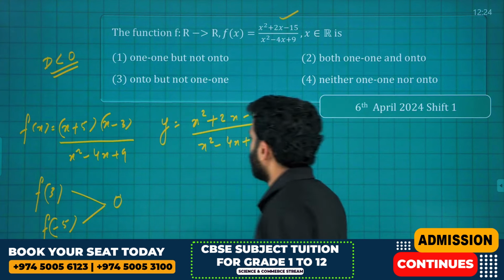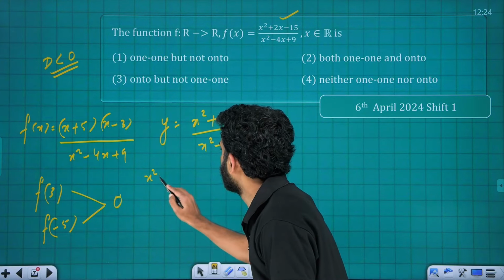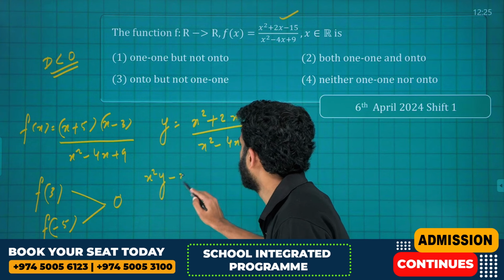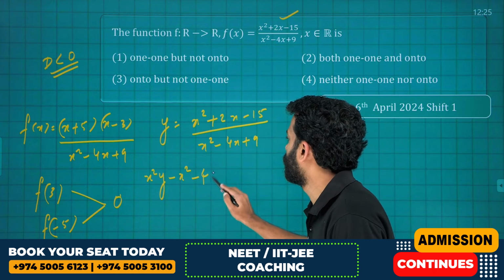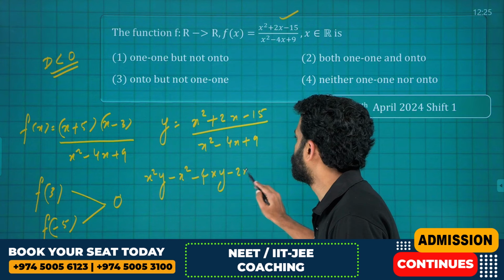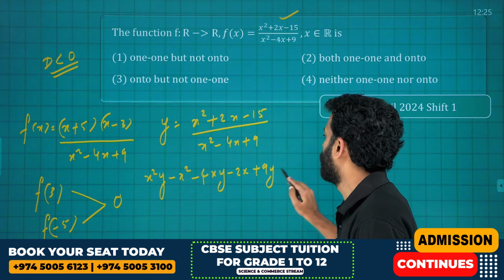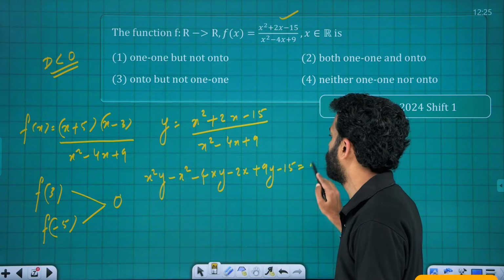So, this will be x²y minus x² minus 4xy minus 2x plus 9y minus 15 equal to 0.